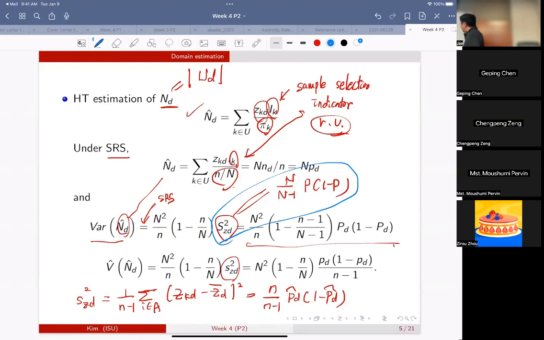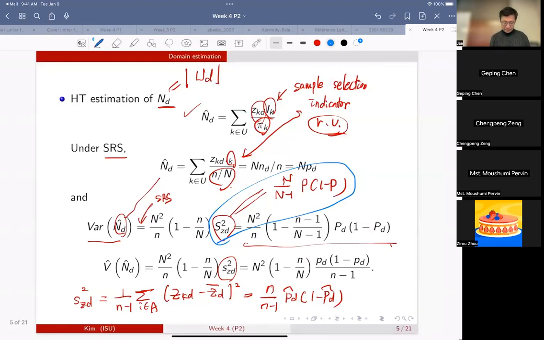If you remember how we derived this, it's just the same story here. This guy is a sample version, so you should be able to get this. Okay.